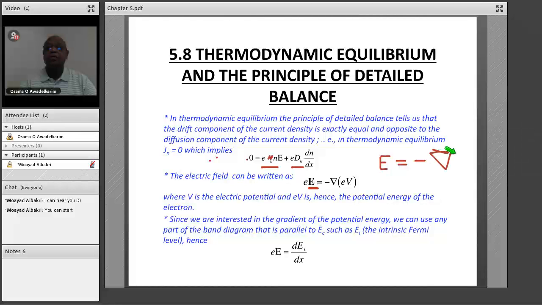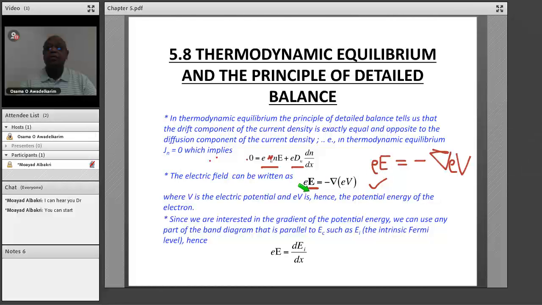That is the Poisson equation, if you like. Now, if we multiply both sides by e, we get this relationship between eE and minus e dV/dx.